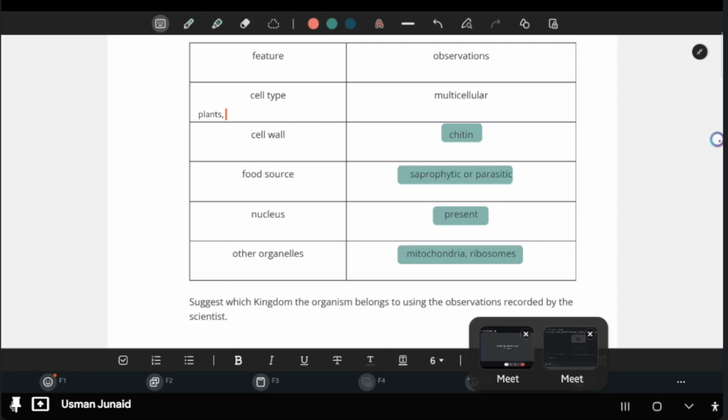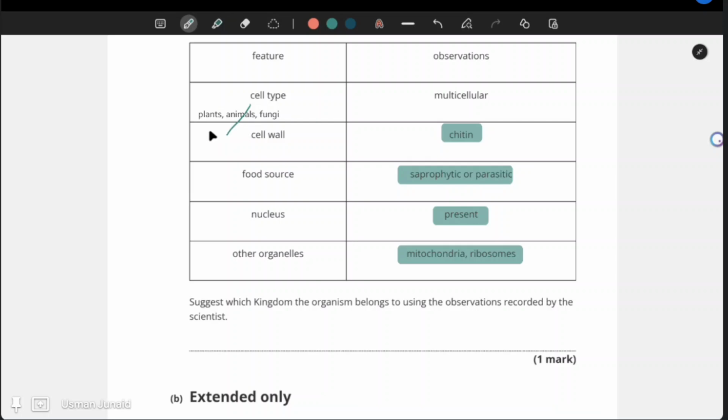animals, or fungi. Now it has a cell wall, but it has a cell wall of chitin. Animals don't have a cell wall, so that cancels out. Plants have a cell wall, but it's made of cellulose.